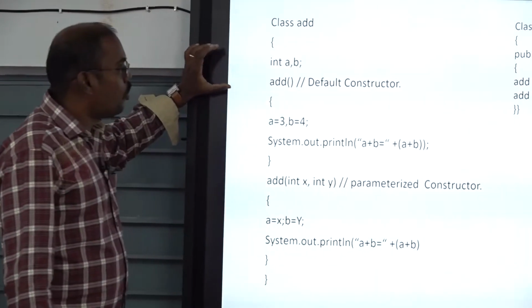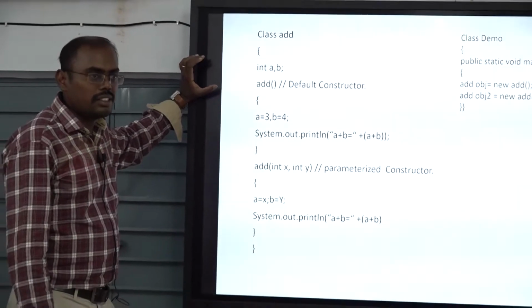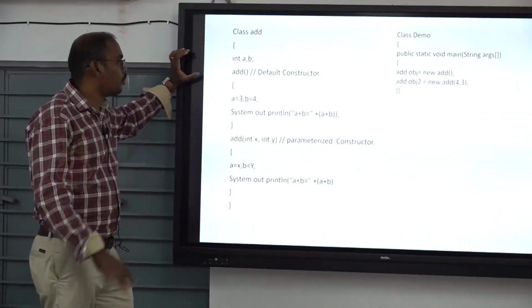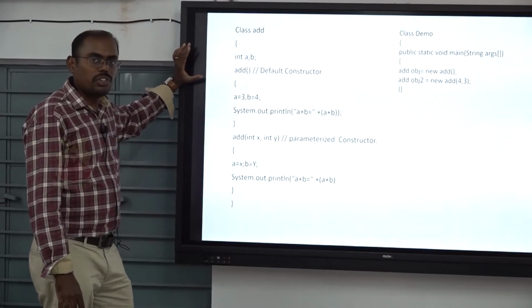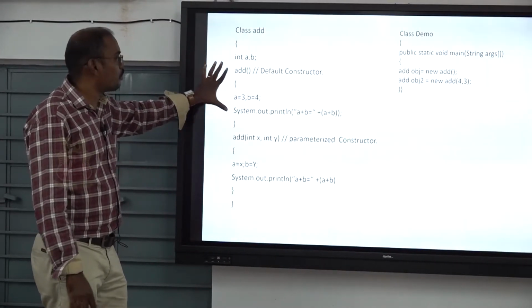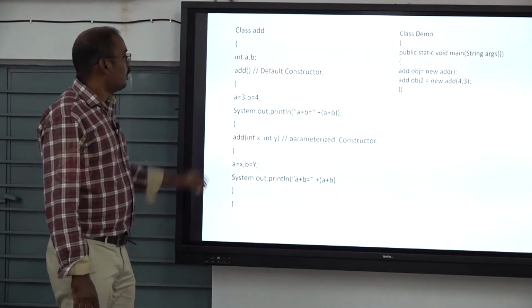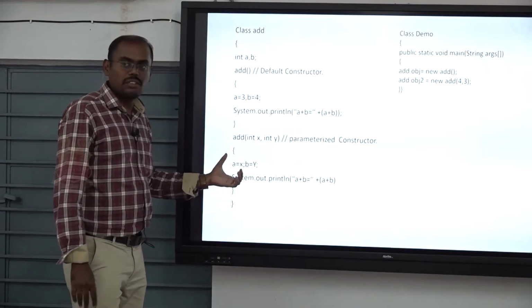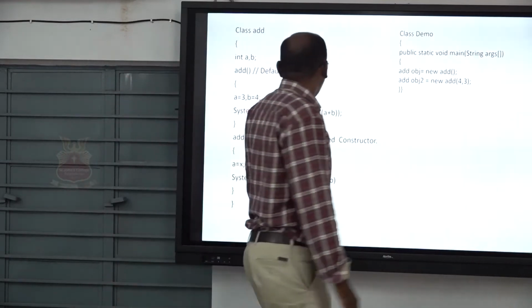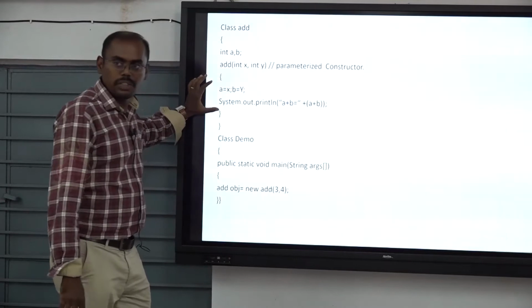We can include both parameterized and default constructors in a single program. We call that constructor overloading. In this program, we include both default constructor and parameterized constructor. This one is the default constructor version.